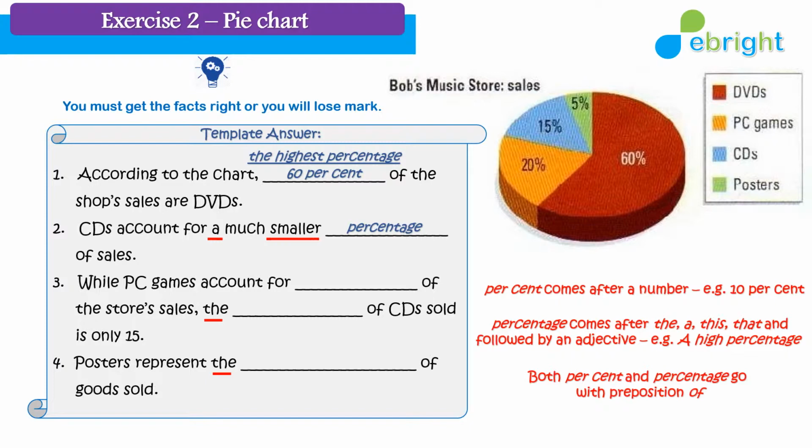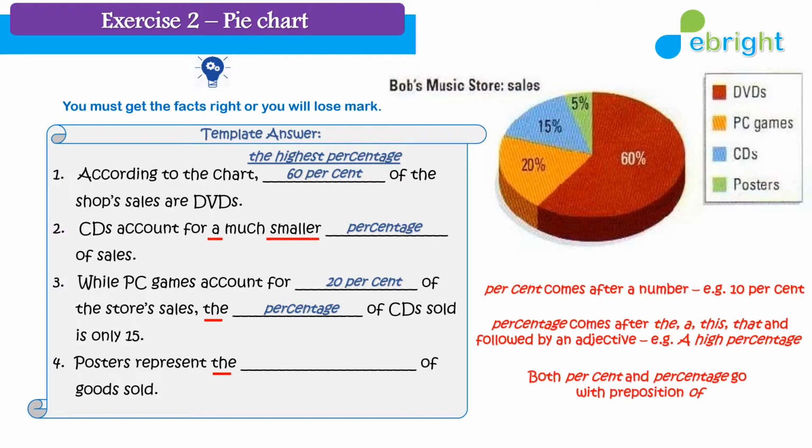And number 3, while PC games account for blank of the store sales. PC games are the orange color, 20%, so we should write 20% here. And then the blank of CDs sold is only 15. You've got the article the, and then as usual we need the word percentage. And finally number 4, you've got posters.